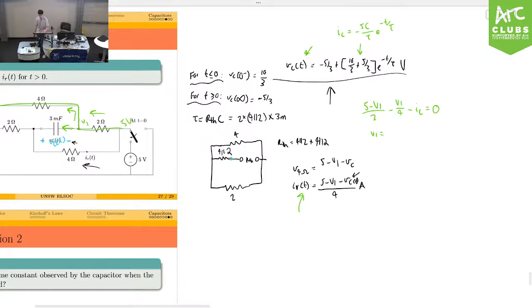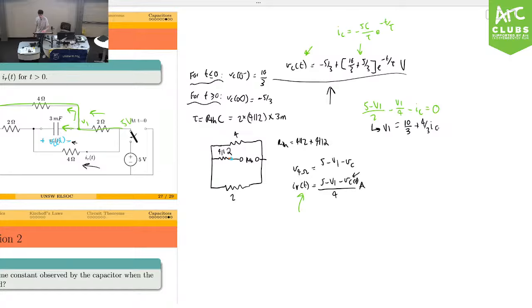But if I do a bit of algebra, I'll find that V1 is equal to 10 on 3 plus 4 on 3 IC.